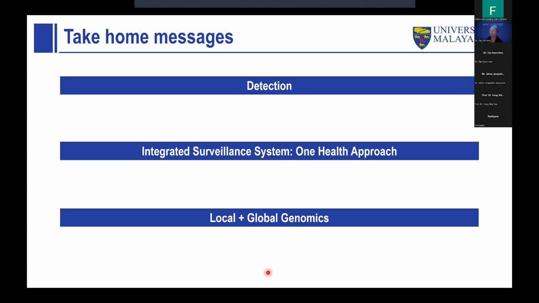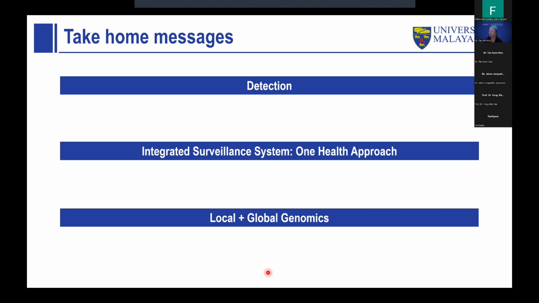We need an integrated surveillance system using a One Health approach, considering the animal host, the reservoir, and the environment. And sometimes we should take arthropods into consideration as well. Then it will be a more well-rounded system for us to be able to catch and stop the next pandemic.